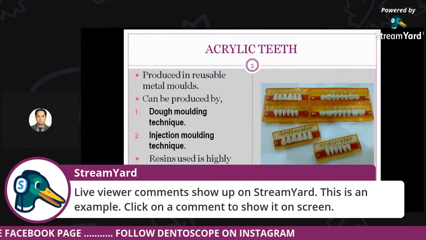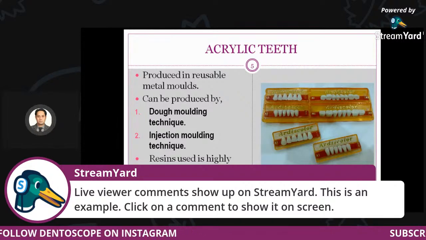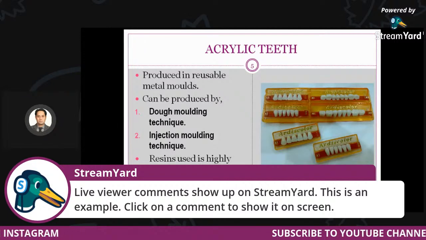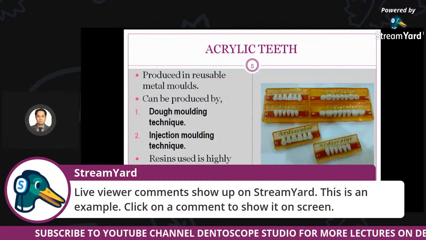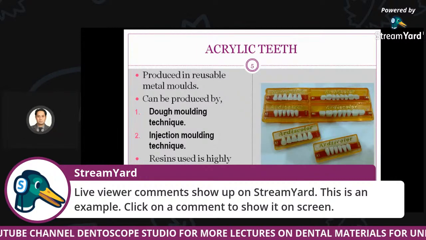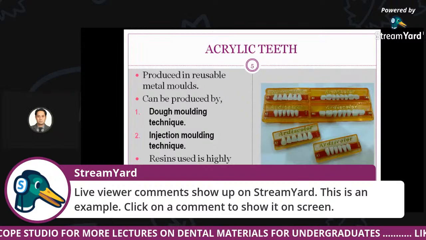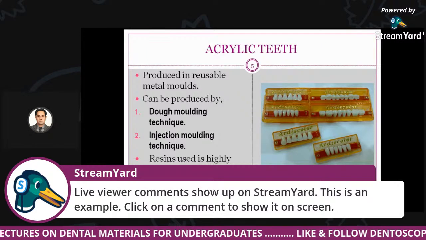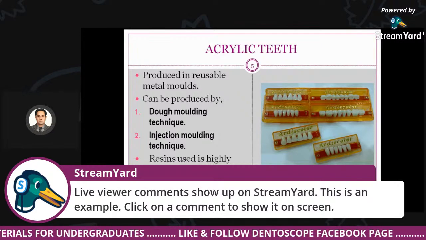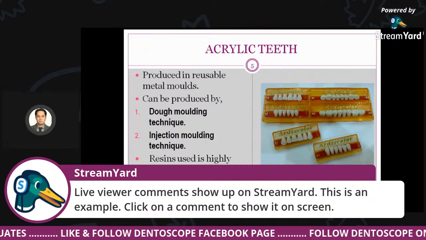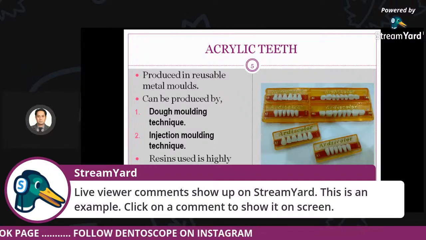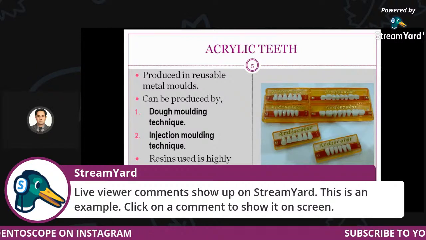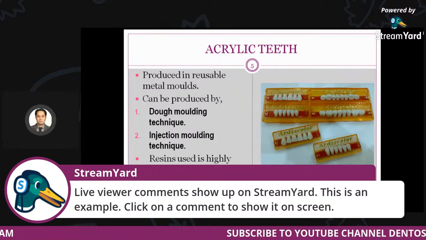Well, one thing must be kept in mind: even if the patient asks for a much brighter shade of teeth, keep this in mind, they are not going to be aesthetically acceptable. Why? Because let's suppose the natural teeth have a shade of B1, and the patient wants the artificial teeth of A2 or A1, much brighter.